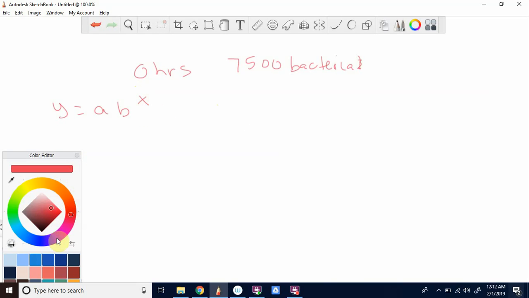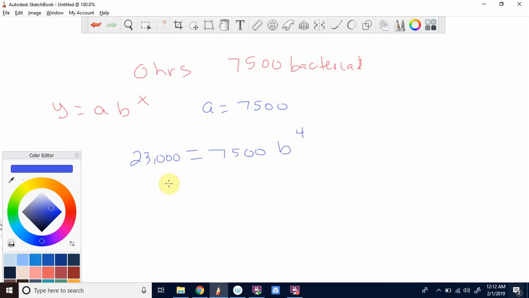So we know that a is equal to 7,500. So we start here. What else do we know? We know that after 4 hours, so b to the 4th, because time is the exponent, there are 23,000 cells.